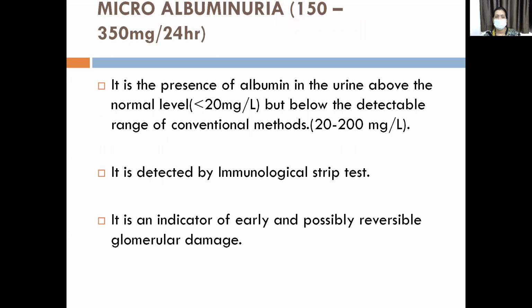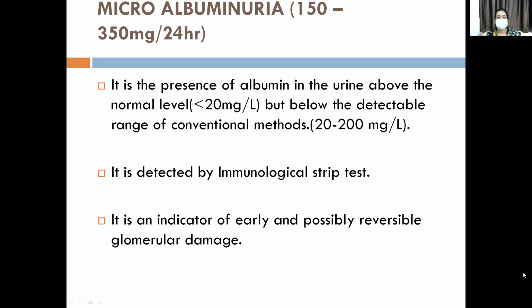So what is microalbuminuria? Microalbuminuria is excretion of 150 to 350 milligrams per 24 hours. It's the presence of albumin in the urine above the normal level, that is more than 20 milligrams per liter, but below the detectable level of conventional methods.